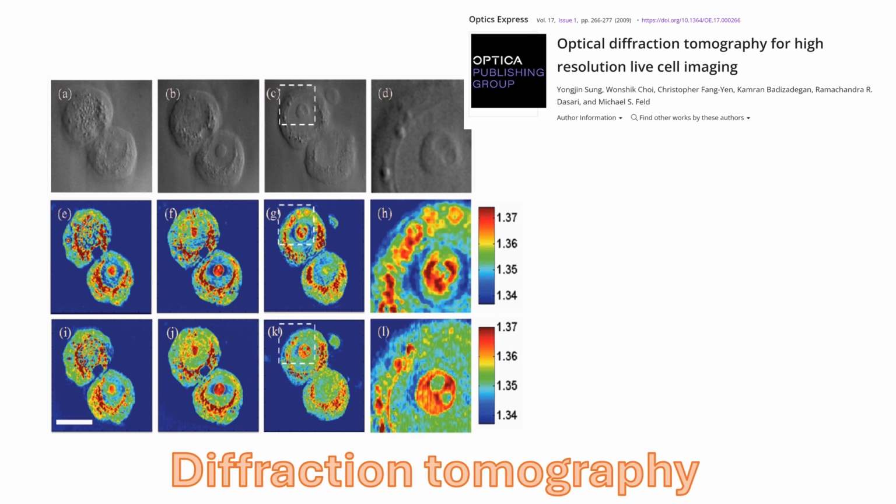This is a paper that we talked about when we introduced tomography from Michael Feld's group at MIT on diffraction tomography of blood cells. The upper images are standard microscope images focused at some range, and the lower images E through G and I through K are slices of three-dimensional tomographs.